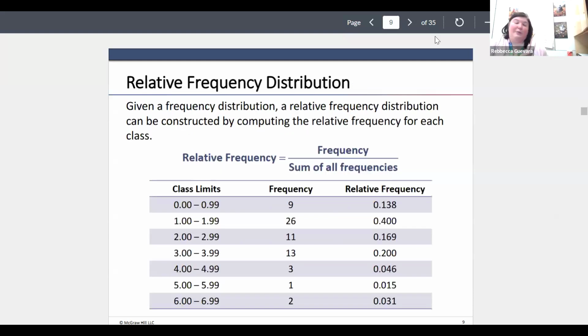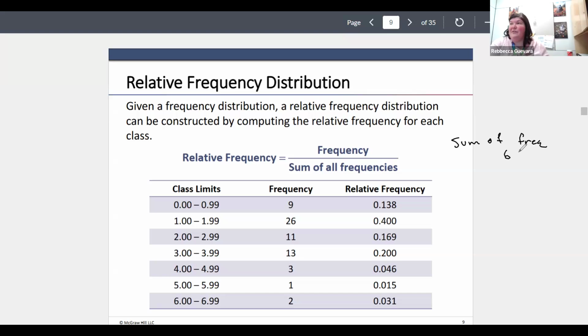When you do relative frequency, you're going to do the same thing like we did before. So just add up all those frequencies here. So if we add this up, we'll end up having our 9 plus 26 plus 11 plus 13 plus 3 plus 1 plus 2.